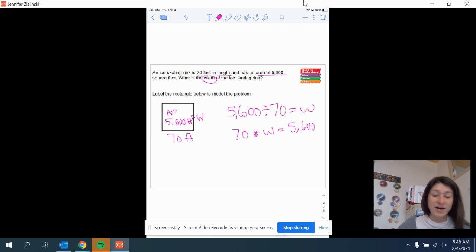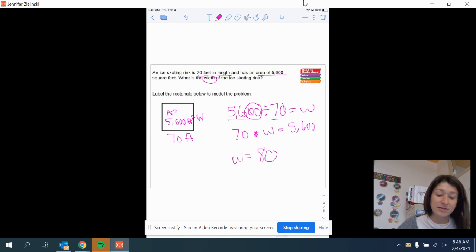So if we divide these, we'll think about our basic fact here. 56 divided by 7 gets me 8. So my width equals 8, but then I need to think about my zeros. Well, I know my answer, 5,600, has 2 zeros, and I have a 0 there. One of them almost cancels each other out.